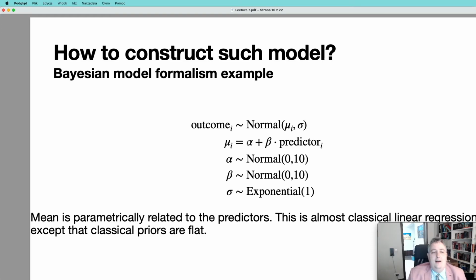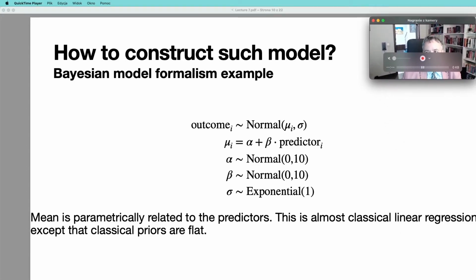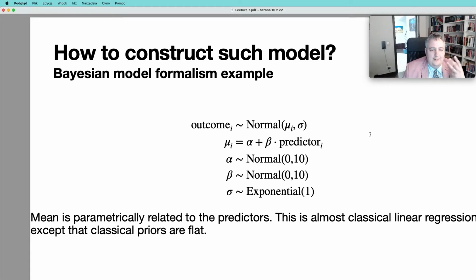So in our case, we have an intercept, which is a standard name in statistics for such behavior. So we have a constant parameter described by our relationship. That generally gives us the average value when all the predictors are equal to 0, and beta parameters are the parameters corresponding to the predictors.